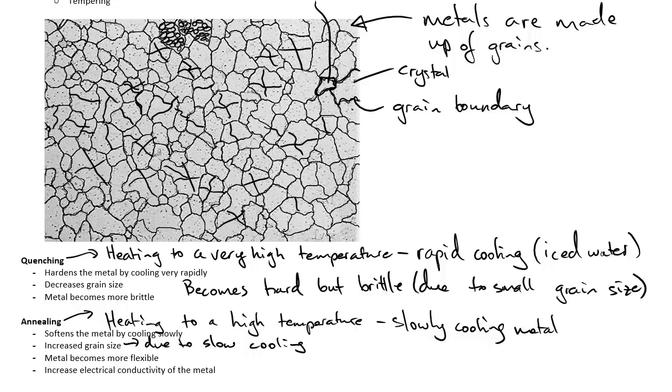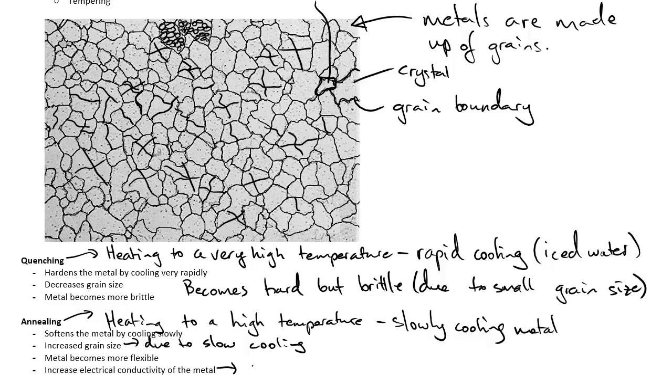And a lot of the time, chemists do annealing so that there's an increase in electrical conductivity of that metal. Because you don't have as many grain boundaries, those delocalized electrons can actually move through the metal.